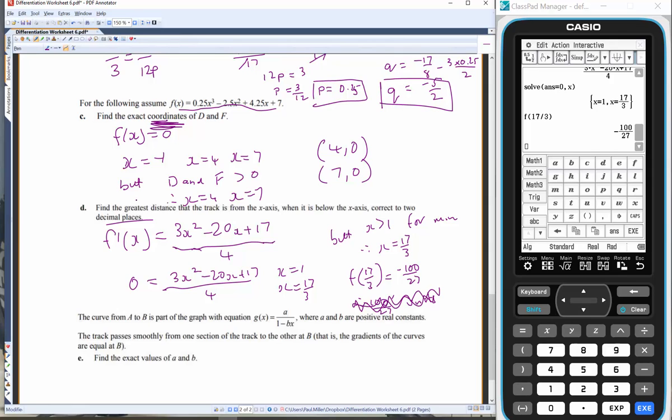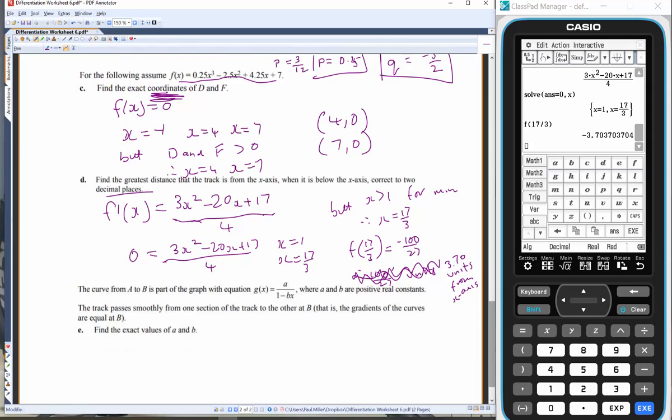And it's got to be correct to 2 decimal places as well. Okay, so what we're going to say here, we'll go decimal and get the approximation. So we're going to say that the answer is 3.70 units from the x-axis. Right, so noting that even though it's negative, it's 3.70 units from the x-axis.